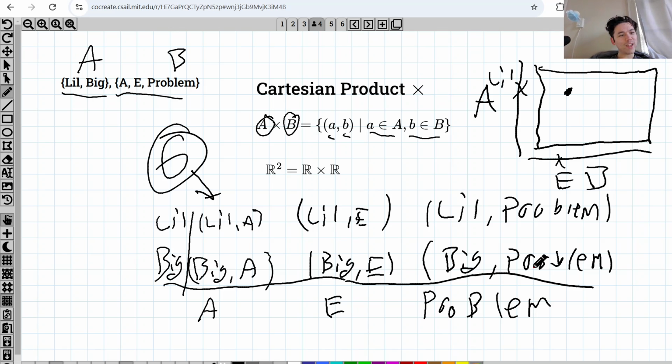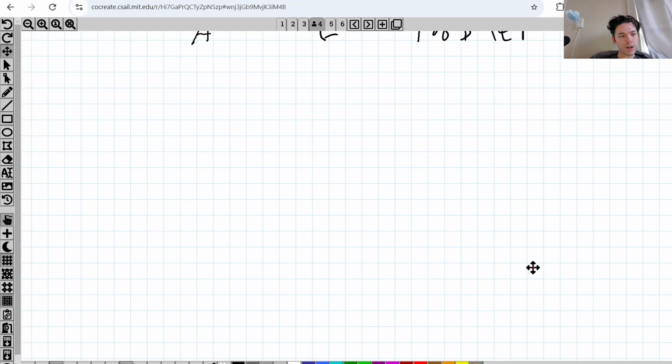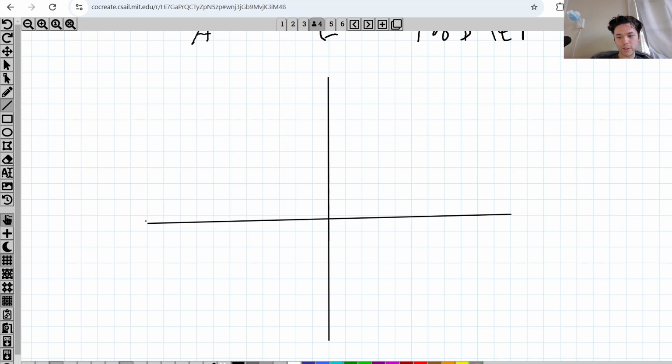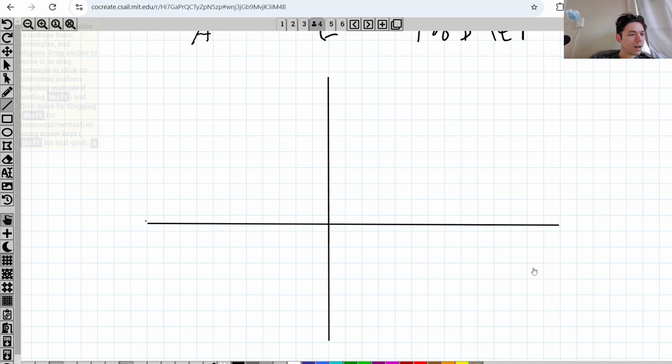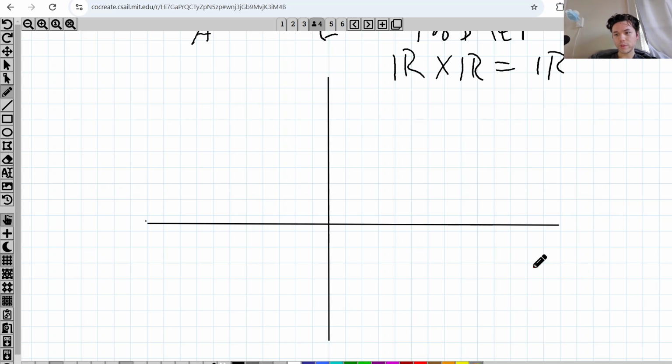And the easiest way to see this, and the second example of Cartesian product, Cartesian product is not the most complicated of things, is we can take the Cartesian product of the real numbers with the real numbers, which we haven't even defined the real numbers yet, but then we get something, R times R equals R2, that we call the Cartesian plane.